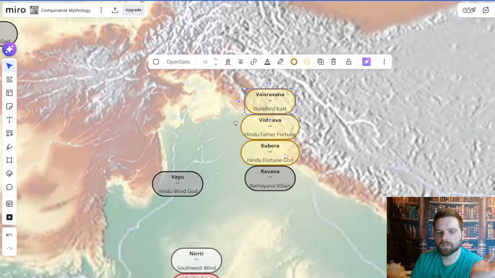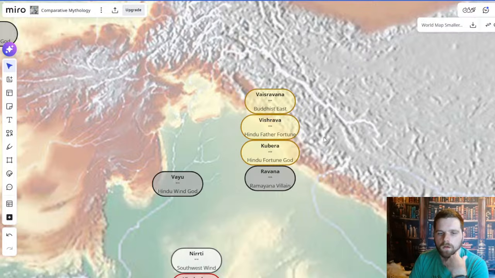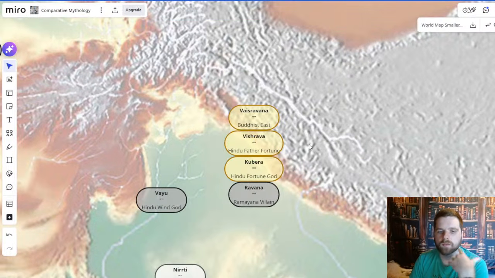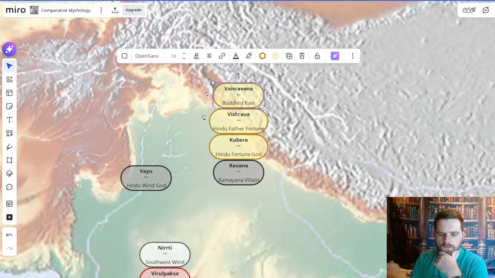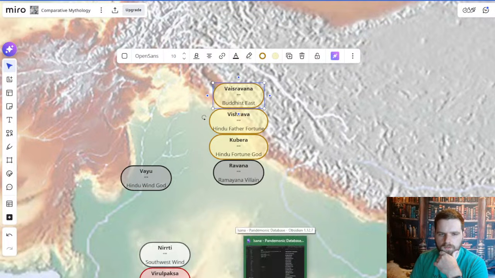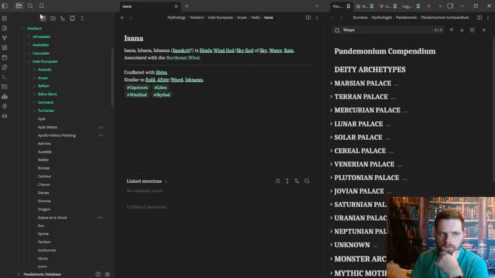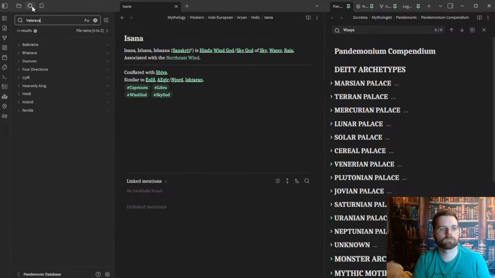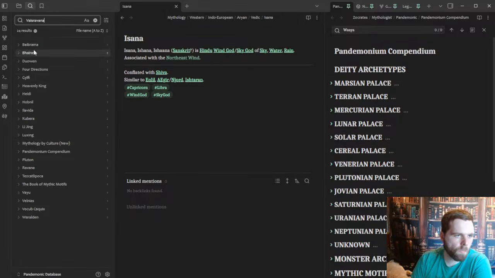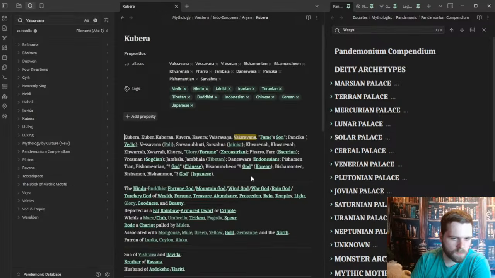So Vaisravana is another name for Kubera. They're the same. Vishrava is the parent of Ravana and Vaisravana. And Vais, I think, means the great sun, or famous sun. Yeah. So there's the sun and the famous sun.